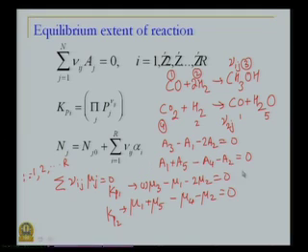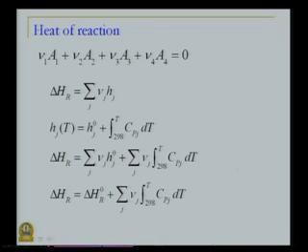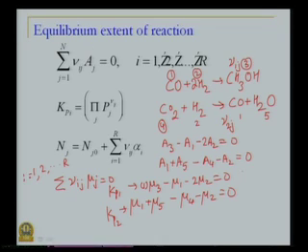Now, what I do is I define extent of reaction alpha 1 for first reaction, alpha 2 for second reaction. So, my unknowns are alpha 1 and alpha 2, but I have two equations Kp1 and Kp2.